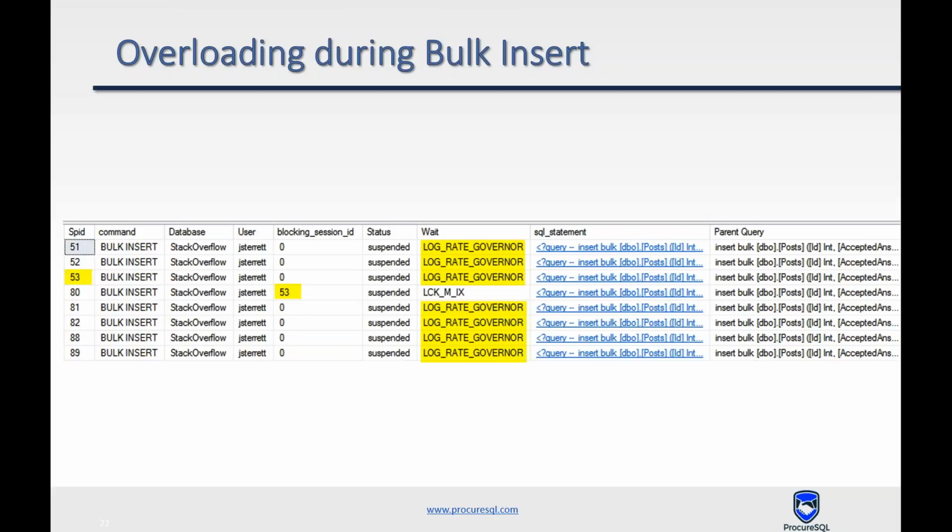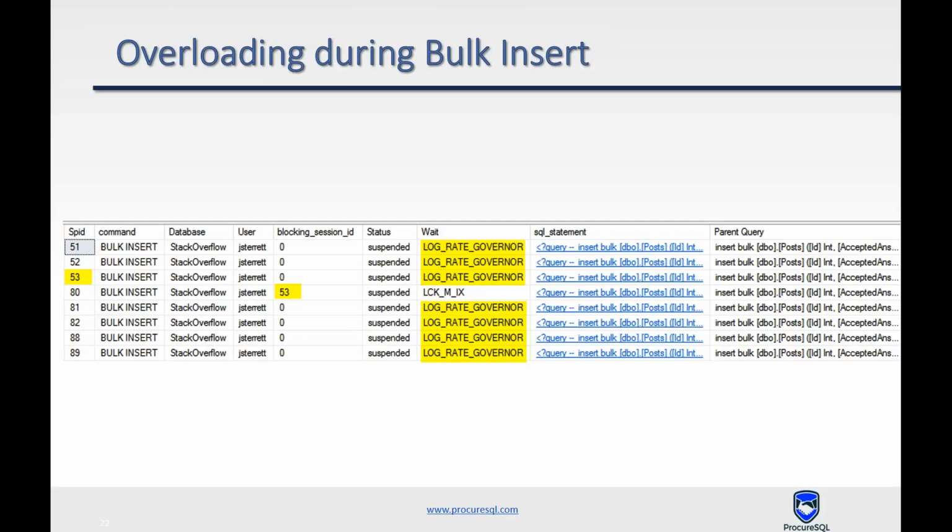Almost all the queries that we're running are waiting on log rate governor. And what this means is basically I'm throttled. I'm trying to write more than what I paid for. So it's throttling me back down to keep me within the SLAs that I decided to go with.